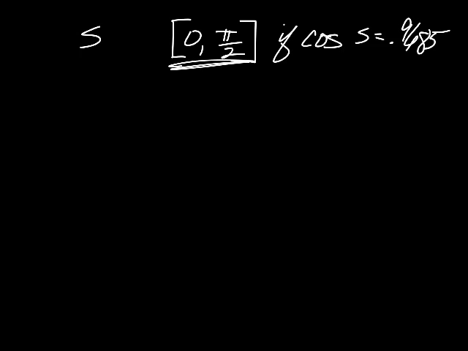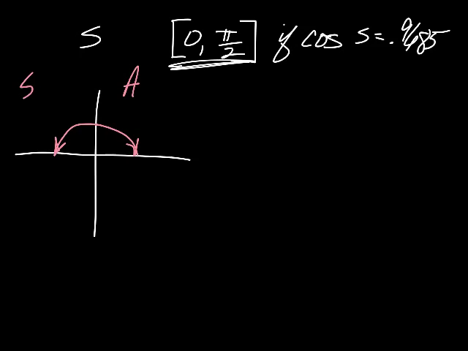Alright, what this means right here is the s value is somewhere in between 0 and 90 degrees, which in radians is pi over 2. So our s value is going to be somewhere in there. All students take calculus. So it could be positive or it could be negative. We'll just wait and see.